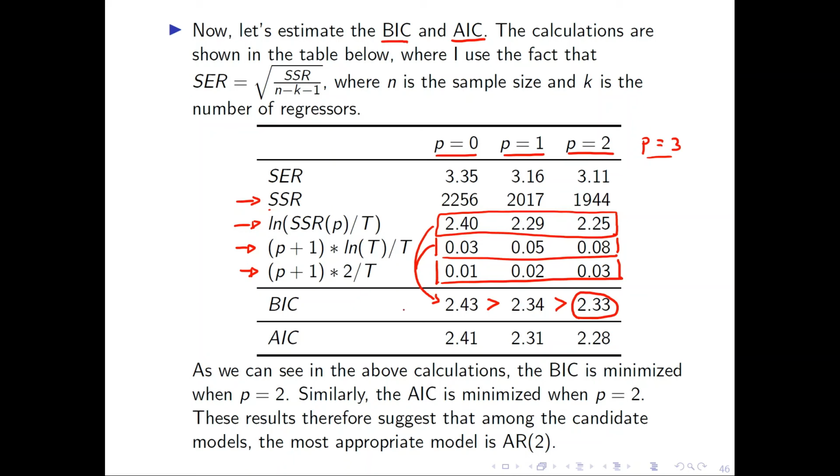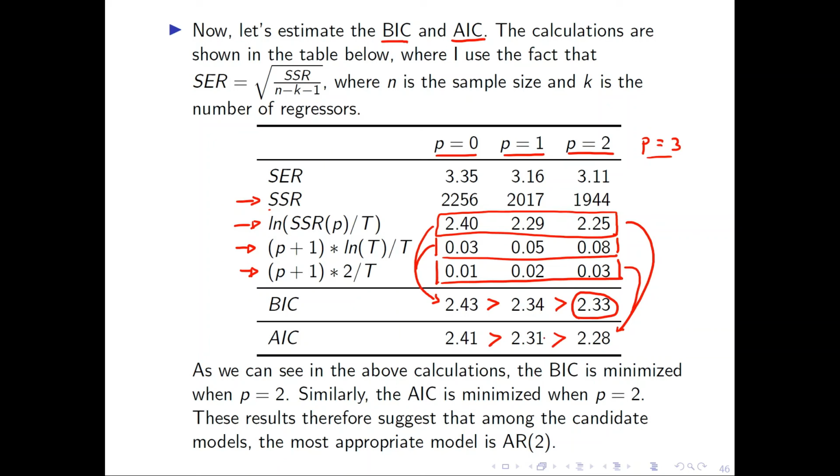And for the Akaike information criteria, you would take the log of the ratio of the sum of squared residuals from your estimated model divided by T, and you would add on the p plus 1 times 2 over T, which is the penalty term, and you would have the same decision rule.